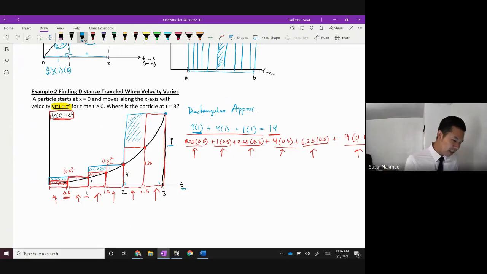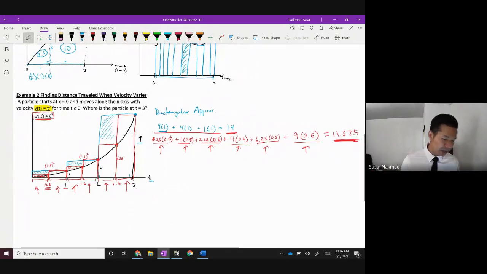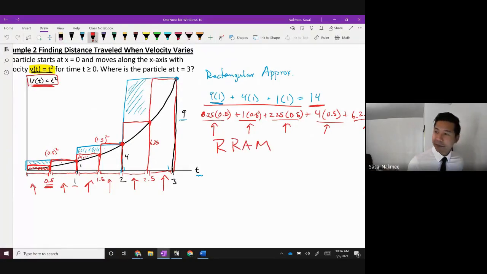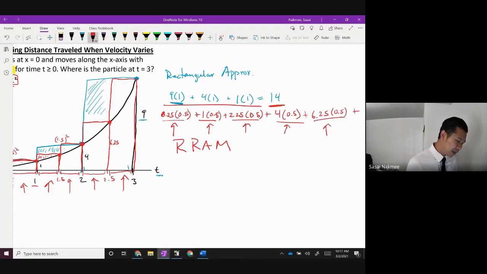This technique, this method of rectangular approximation, has a name. We call this RRAM. Why do we call this RRAM? Well, the RAM part you can actually get from this part right here.